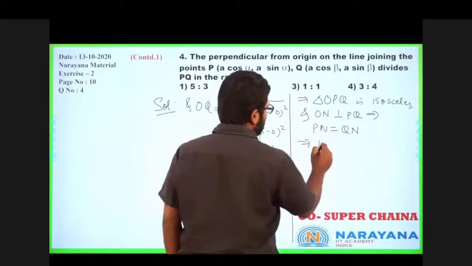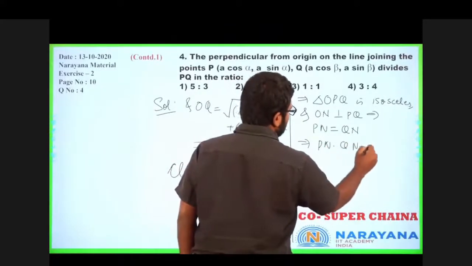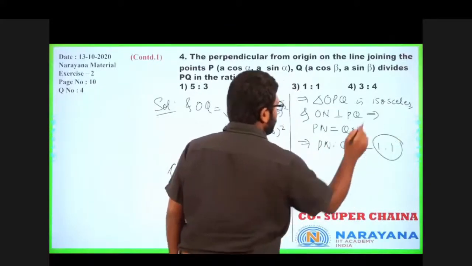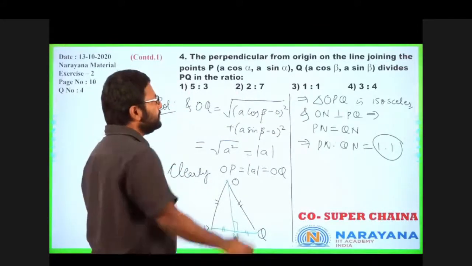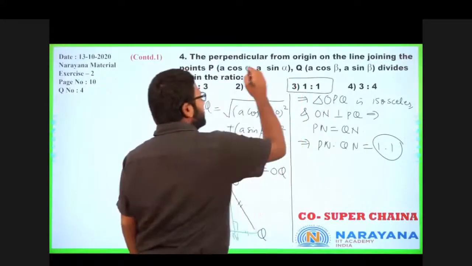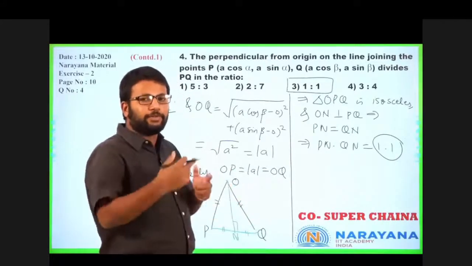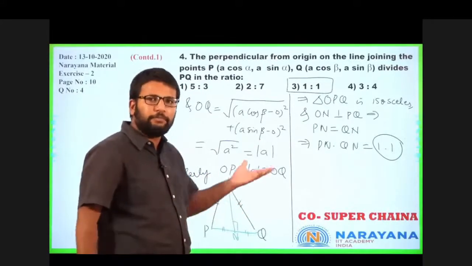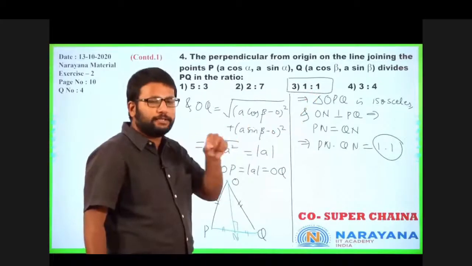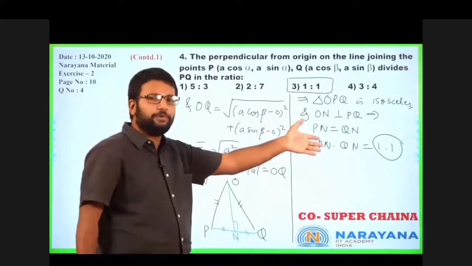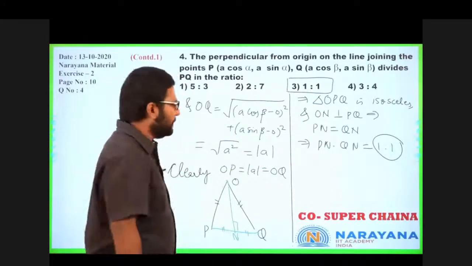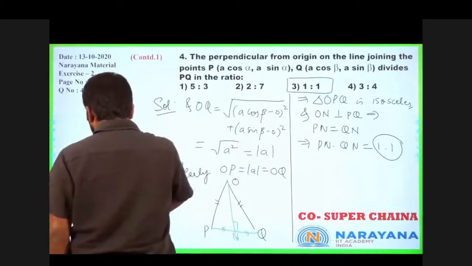Which means PN is to QN is how much? 1:1. You see, you don't even need the section formula. This is how you switch from coordinate geometry to geometry and back. Sometimes you will use analytical equations, sometimes you will use pure geometry. Got it? Okay, then let us proceed.